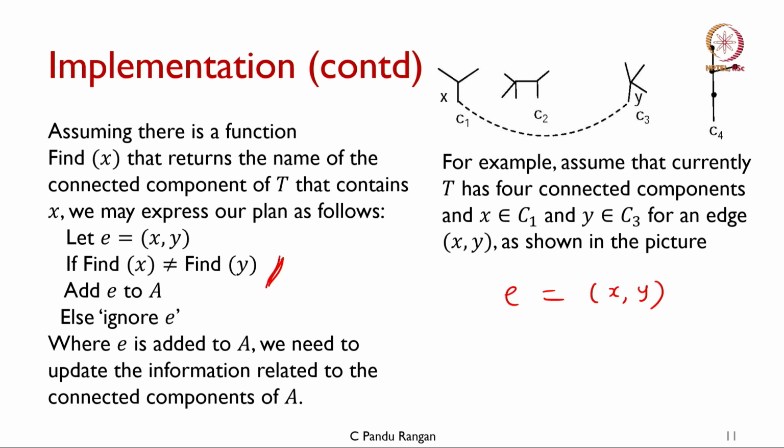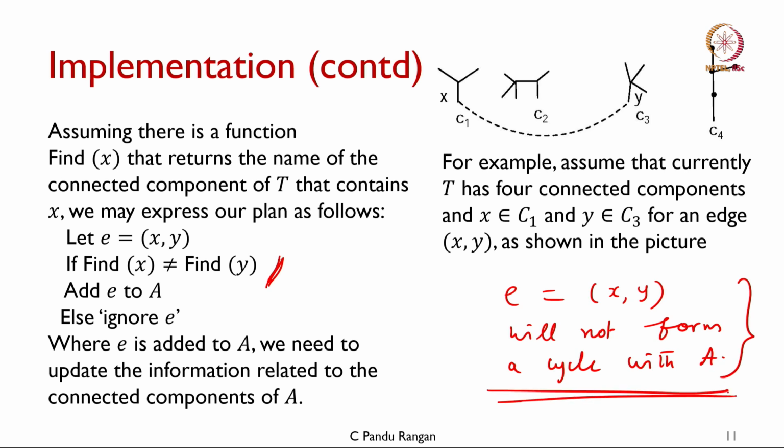If find x is not equal to find y, E equal to xy will not form a cycle with the edges in A, therefore, I am going to include it.